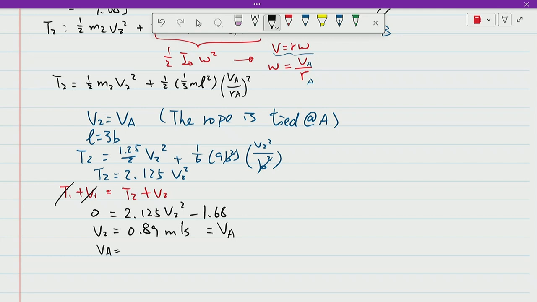Finally, VA is equal to RA omega, giving us omega equals 2.22 radian per second.